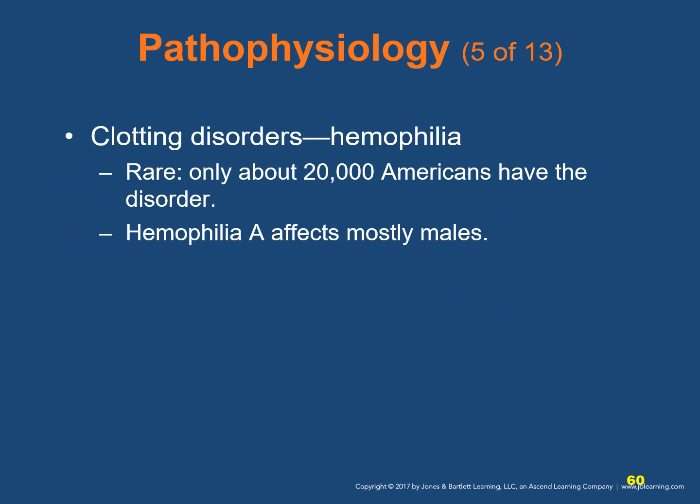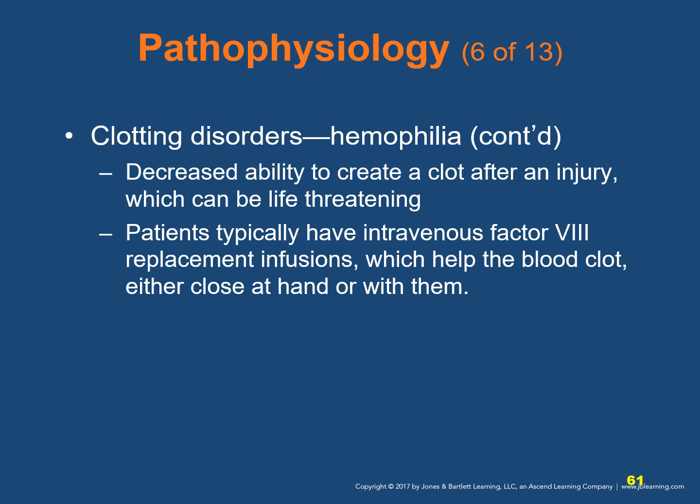Another blood disease that can cause clotting disorders is hemophilia. Hemophilia is rare. Only about 20,000 Americans have this disorder. Hemophilia A affects mostly males. In people with hemophilia A, they have decreased ability to create a clot after an injury, which can be life-threatening.